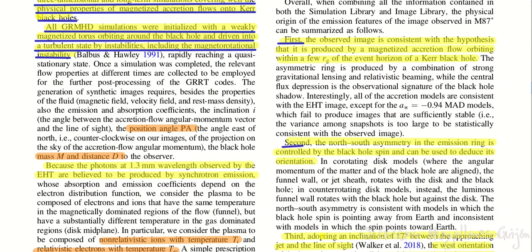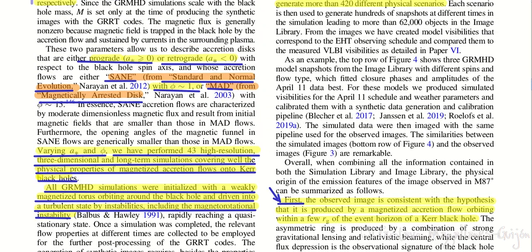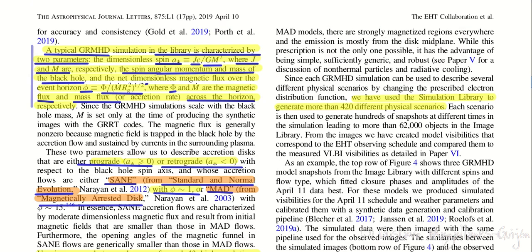The first is that the observed image is consistent with the hypothesis that it is produced by the magnetized accretion flow orbiting within a few gravitational radii of the event horizon of a Kerr black hole. Kerr is a black hole with rotation. This is the reason we need to use this parameter a, prograde or retrograde.